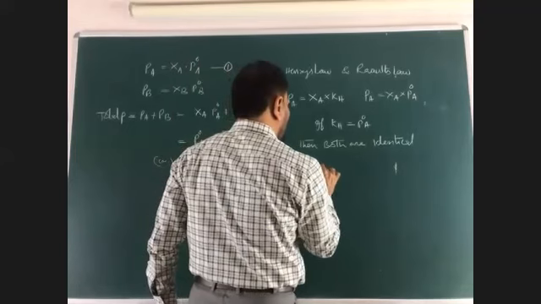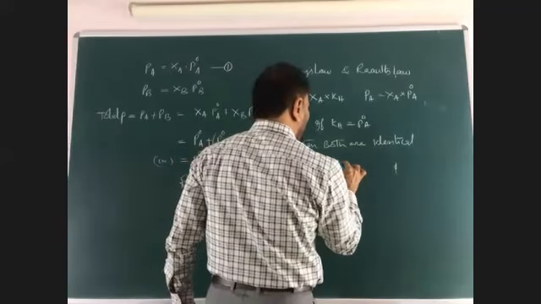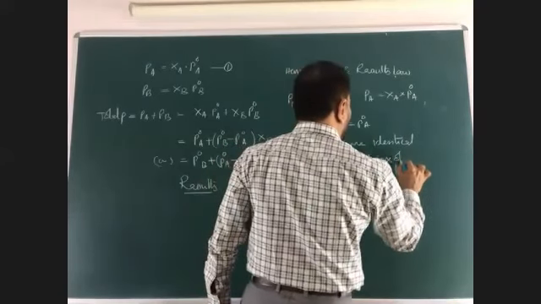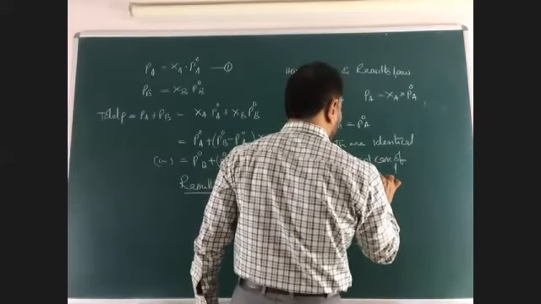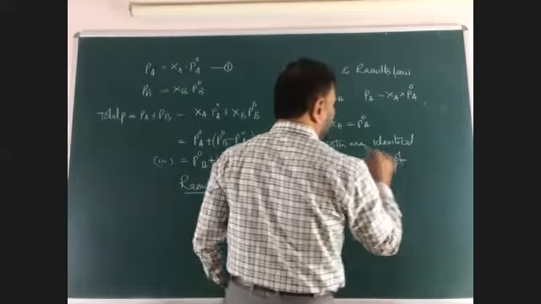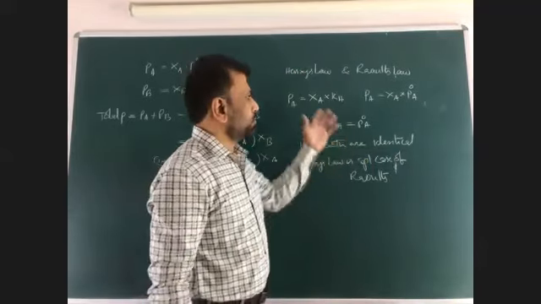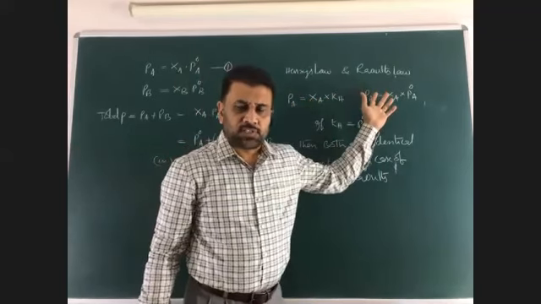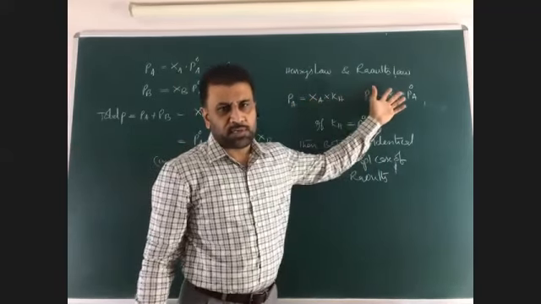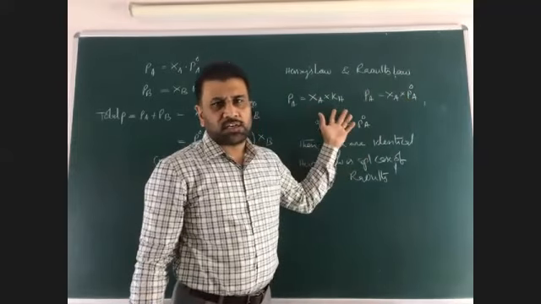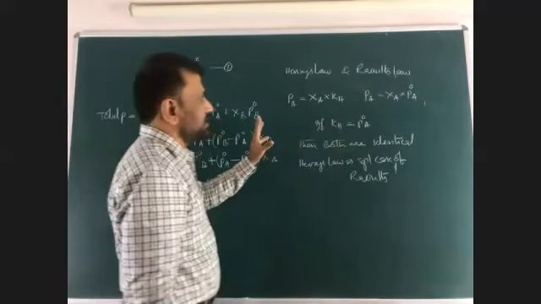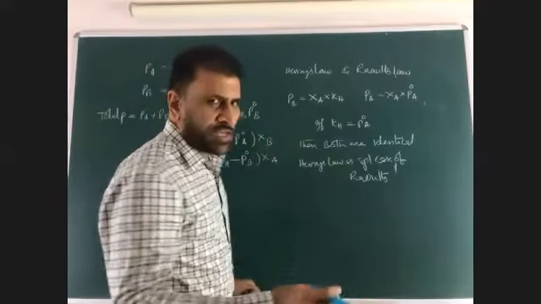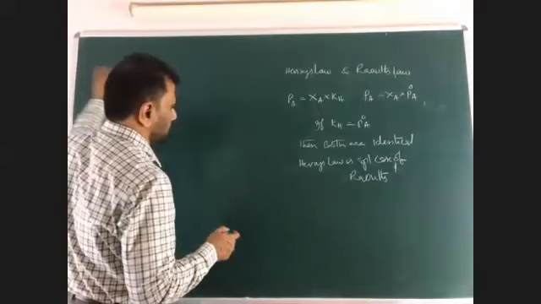So both are right. This is applied for gases and liquids. This is applied for liquids and liquids. This is a binary liquid mixture. This is a gas and liquid mixture. Both are mixtures. So this is the relation between Henry's law and Raoult's law: Henry's law is a special case of Raoult's law.